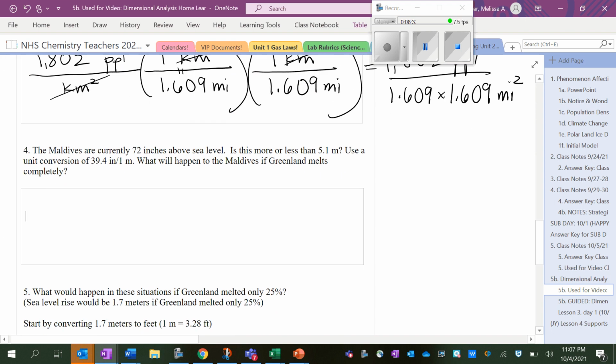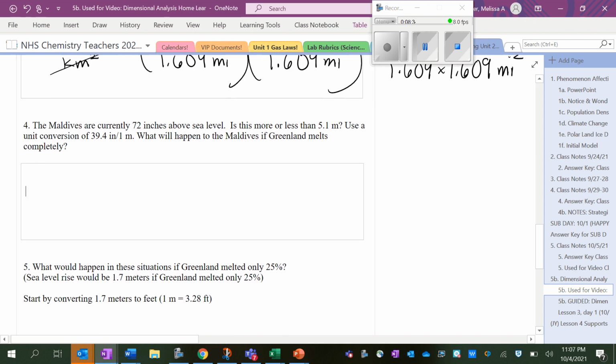Okay. The Maldives are currently 72 inches above sea level. Is that more or less than 5.1 meters? Use the conversion of 39.4 inches per meter. So we could actually do this in a couple ways. We could start with inches and convert this into meters.